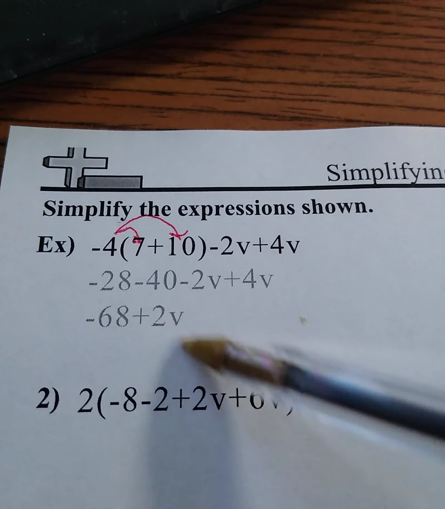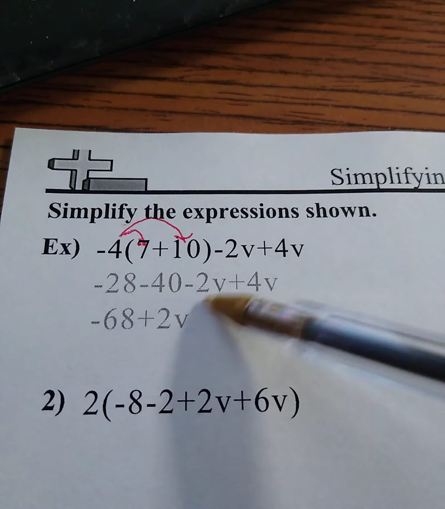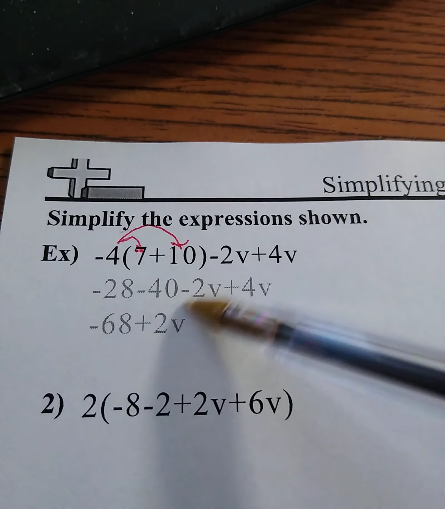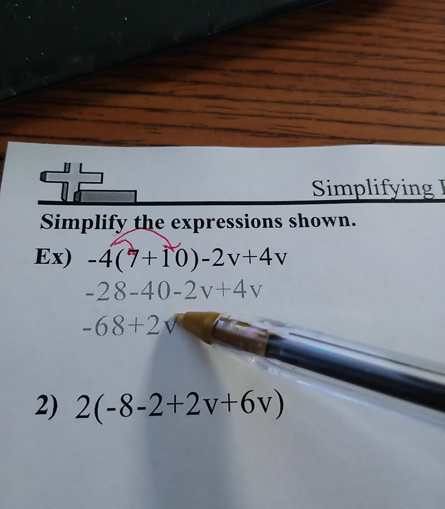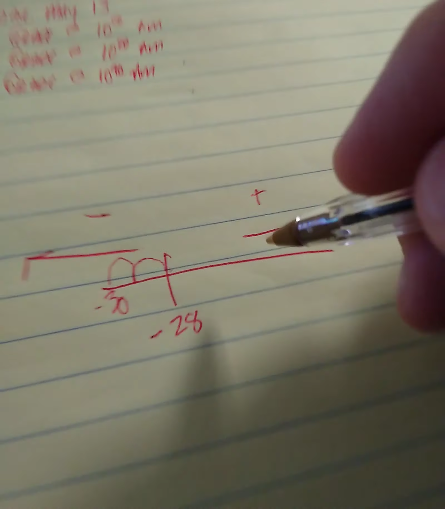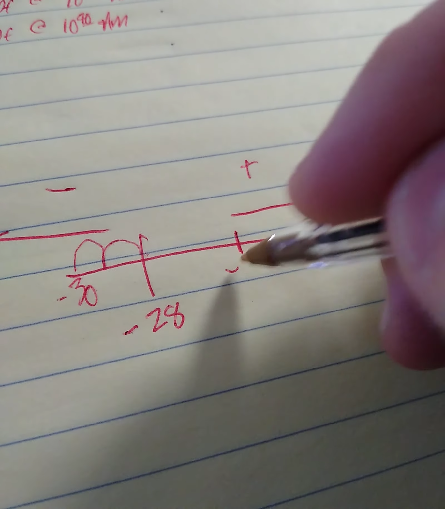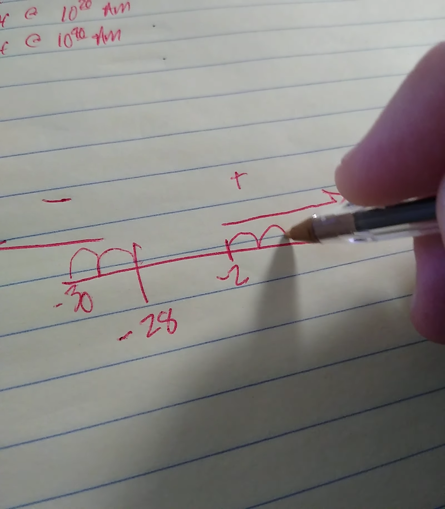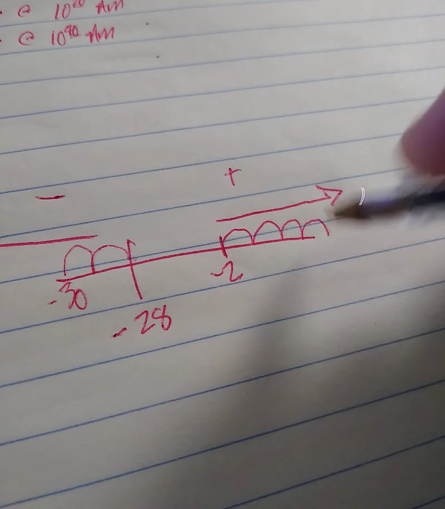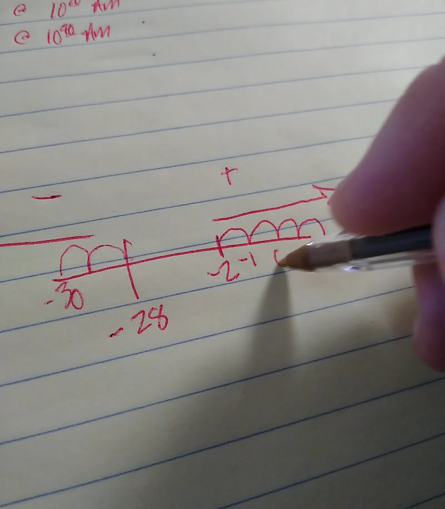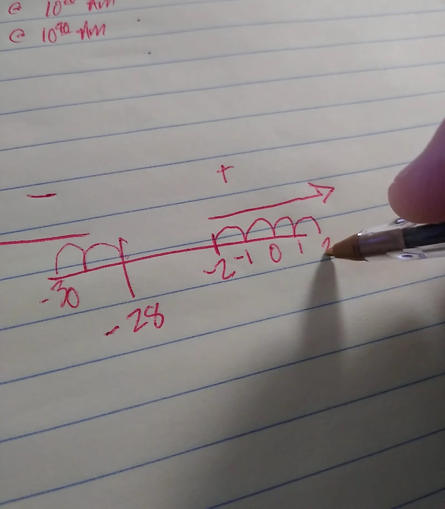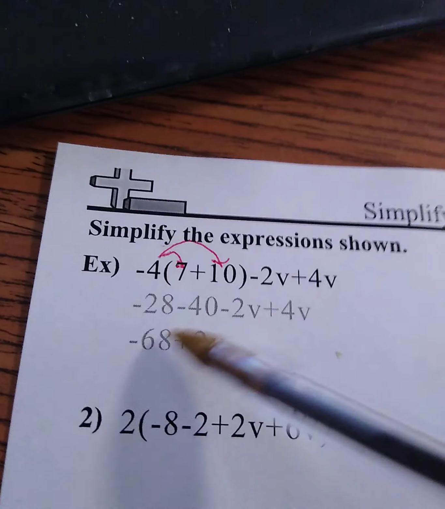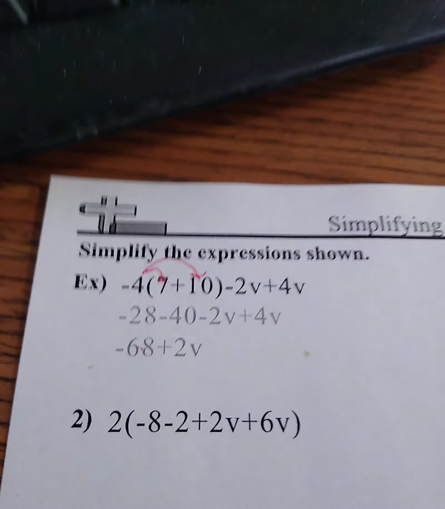So -68, then -2v plus 4v. Again, negative and a positive is a negative. You start off at -2, and you got to go forward 4. So remember, positive always goes to the right. 1, 2, 3, 4. That's -1, 0, 1, 2. Okay? So -68 plus 2v. Okay? So that's all you're doing for that one.